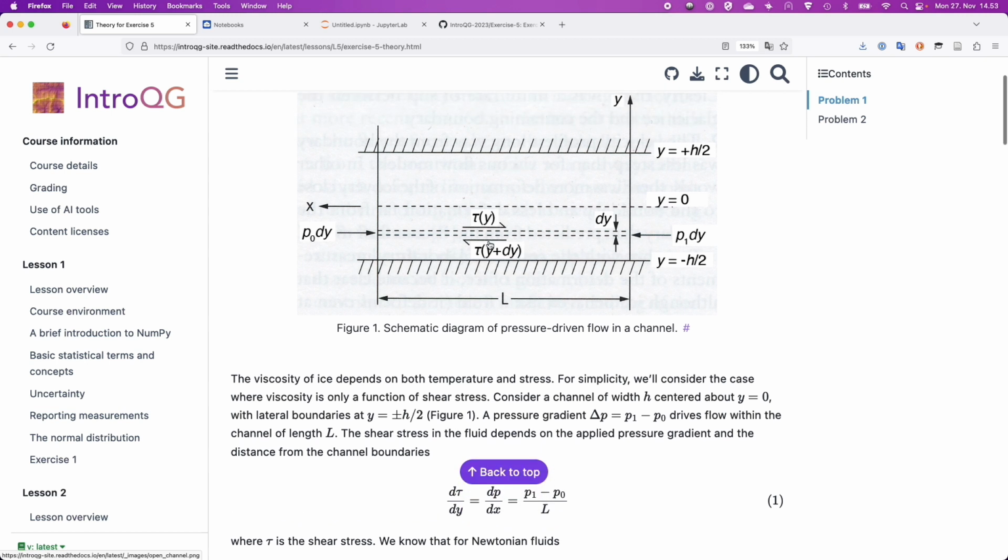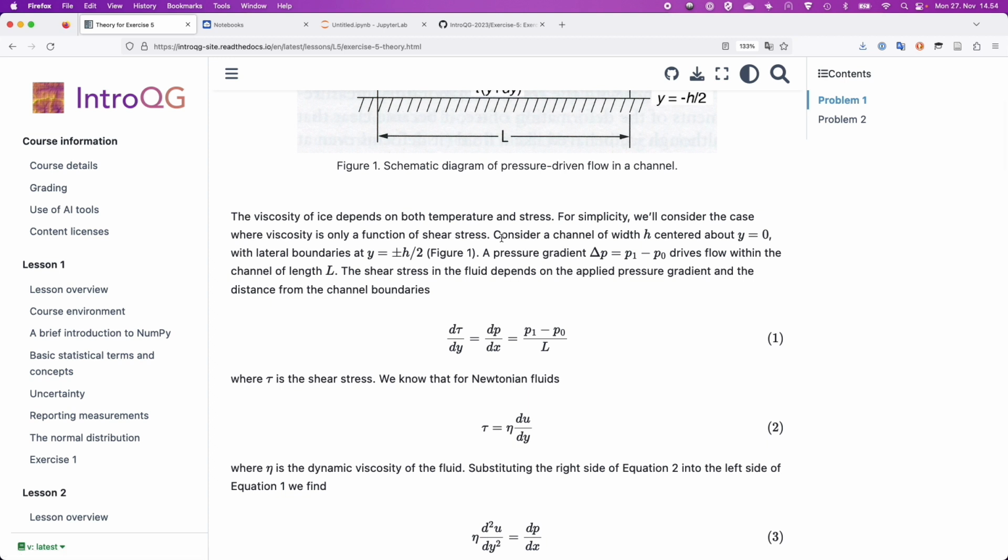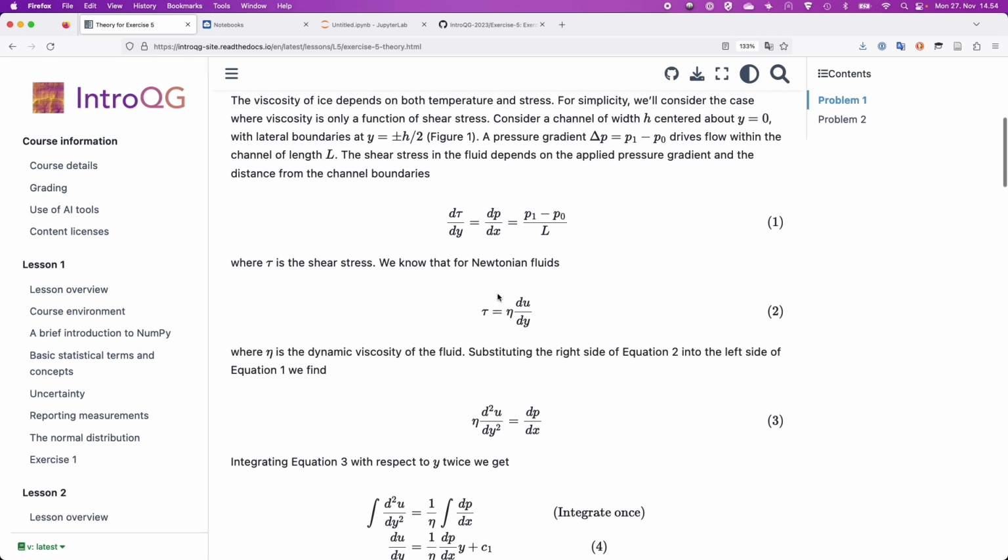So here's our example of looking down in map view on a glacier that's flowing between 2 walls that are fixed in terms of their velocity. And we're calculating the velocity of the fluid that's within there between the 2 channel walls. This goes through, starting from the point where you want to calculate what the pressure gradient would be for the fluid as it's flowing down the channel, and then links that up to the shear stress.